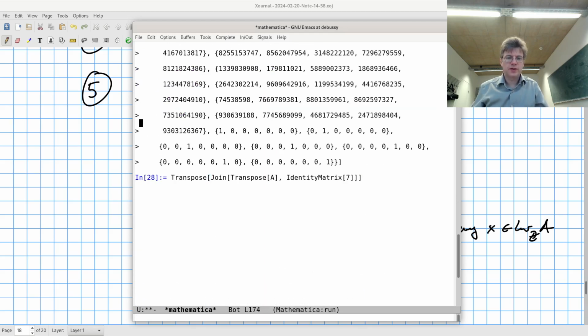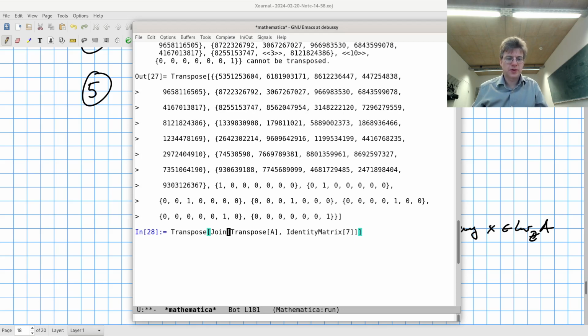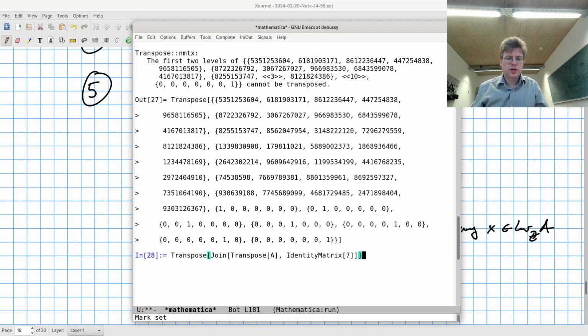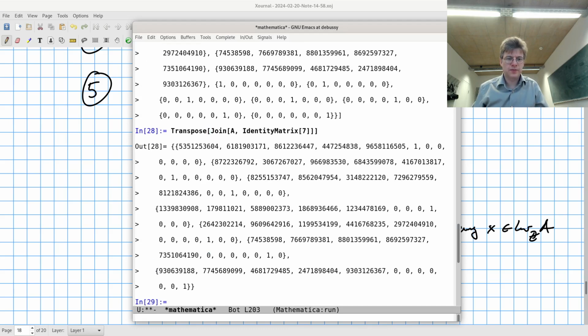Okay, so I don't transpose it without transposing. This looks good. So this is 1, 2, 3, 4, 5. Yeah, this looks good.